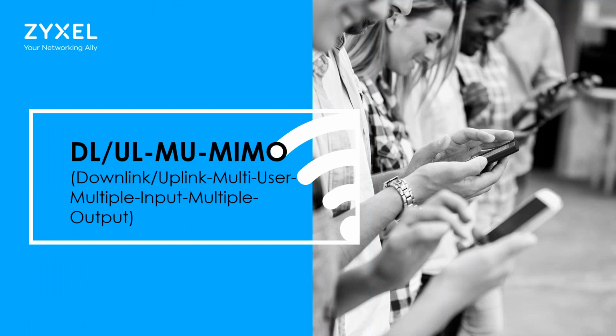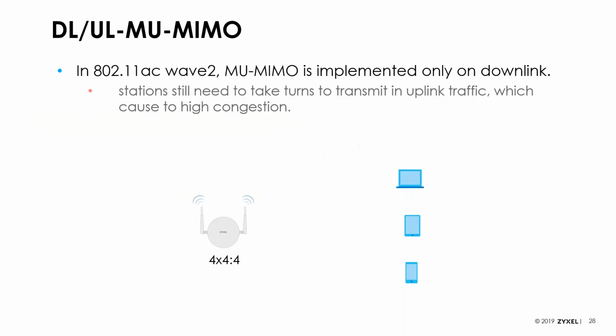The next method that AX is introducing is download and upload for multiple user, multiple input, multiple output. So, a word monster. Previously, MIMO was only implemented on downlink, meaning when the clients are downloading something.